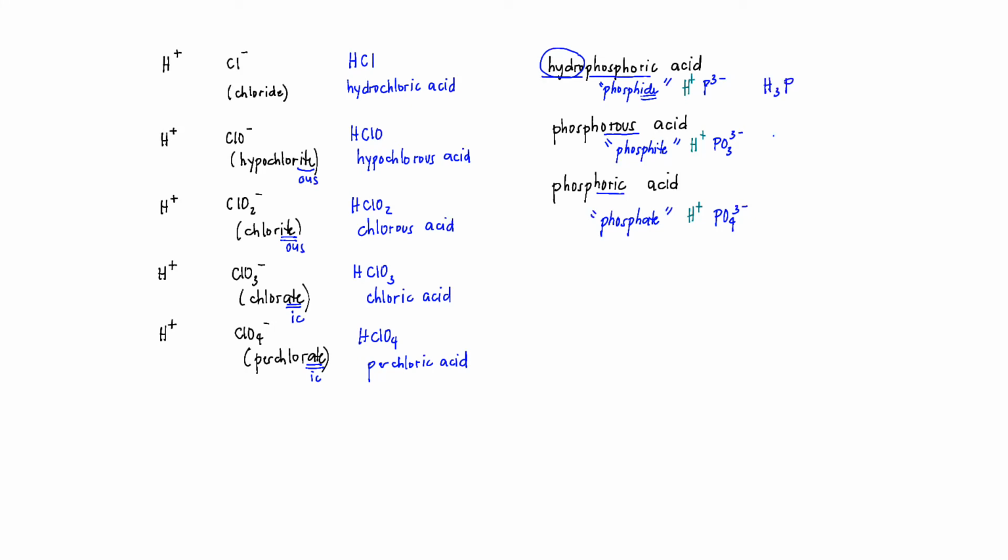This one will become H3PO3, and then this one will become H3PO4. So see the difference here? We have the phosphorous acid coming from the phosphite, phosphoric acid coming from the phosphate, and the hydrophosphoric acid coming from the phosphide. Take note that this one is a binary acid.